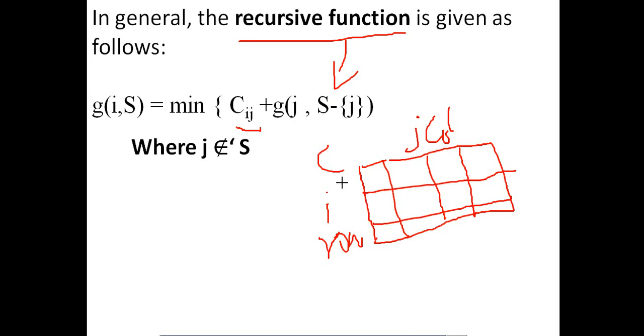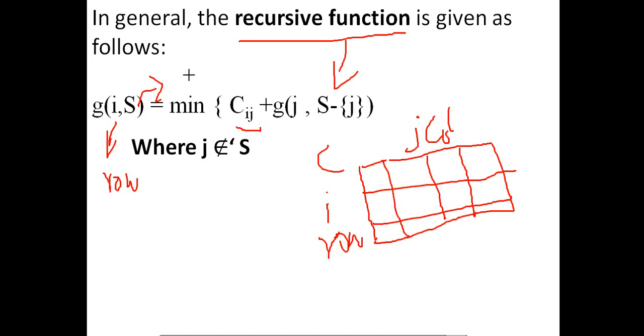This is the cost matrix. The cost matrix is the ith row and jth column. Now you understood this, I is nothing but row.